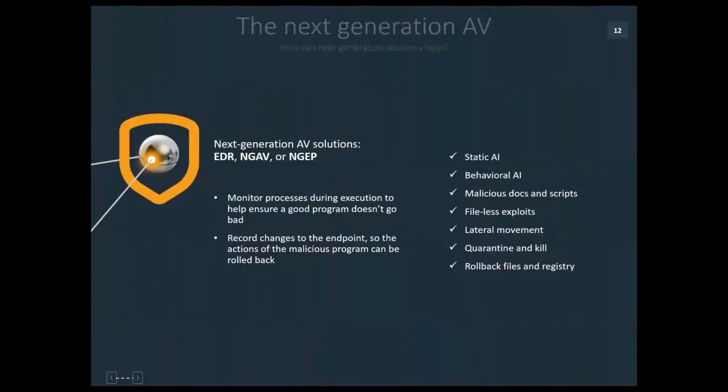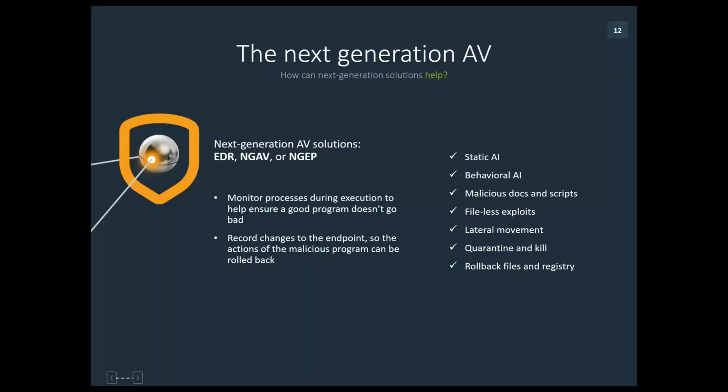So what do next generation AVs actually offer, and how do they help us to tackle this type of situations? So basically, first of all, from protection side, they monitor process.